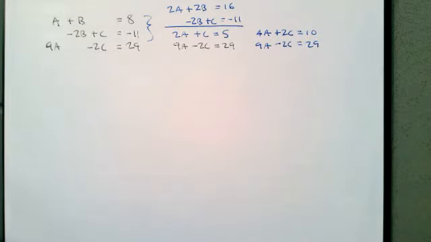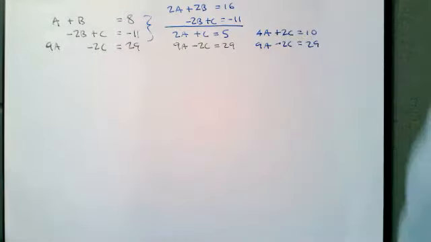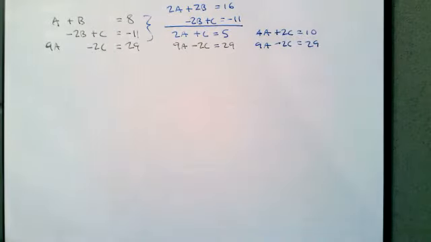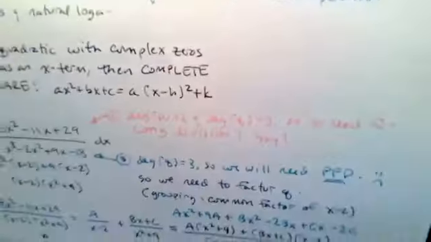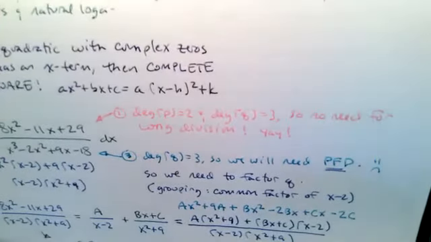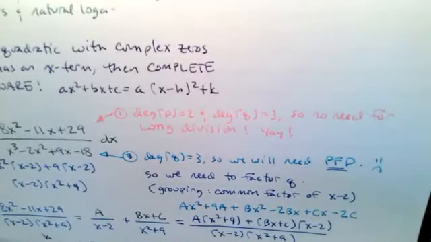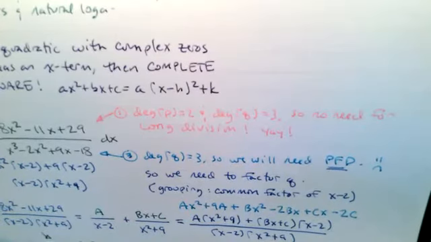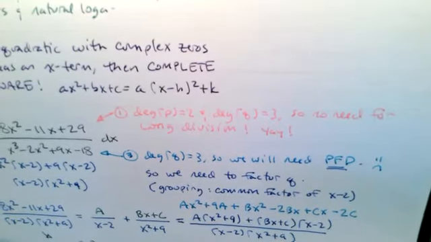Now I think something went wrong. Can I drop a negative somewhere? 8x squared minus 11x plus 29. That's what I wanted. ax squared plus 9a plus bx squared minus 2bx plus cx minus 2c.